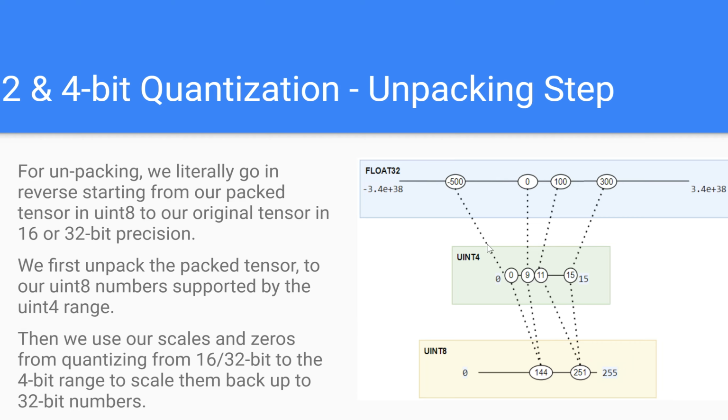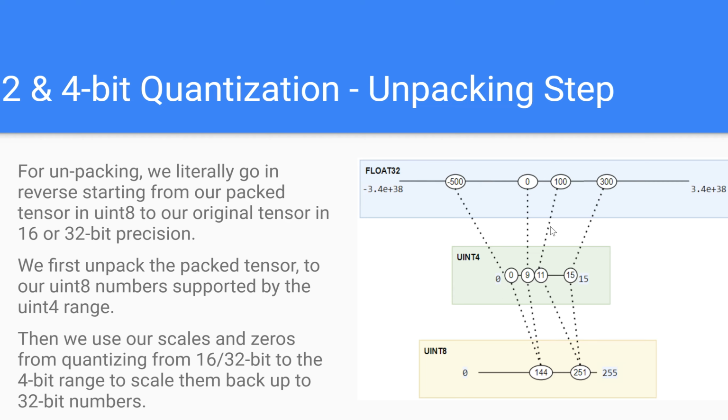Now the unpacking step is going in the reverse. So we have these numbers that are 144 and 251. We're going to unpack them into 0 and 9, and then 251 is going to be unpacked into 11 and 15. And then using the scale and 0 point, because we're going to use asymmetric for this. And why are we going to use asymmetric?